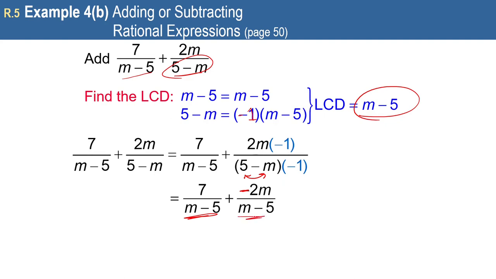Now we can add the numerators together, 7 plus -2m on the top, and we keep our same denominator, m minus 5. So we get 7 minus 2m over m minus 5, or you could rewrite this as 2m minus 7 over 5 minus m, but remember they're equivalent.